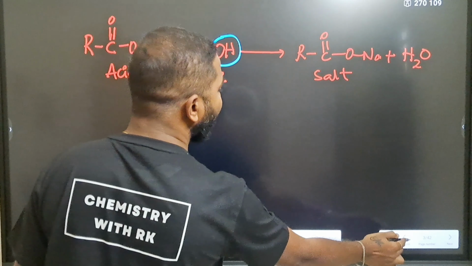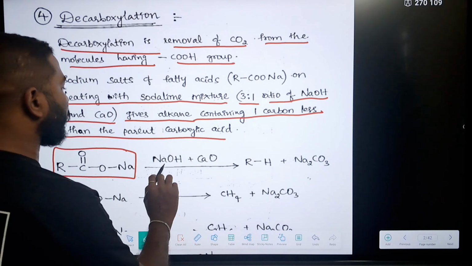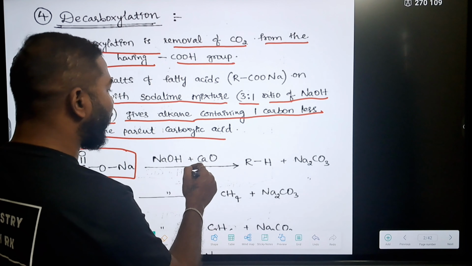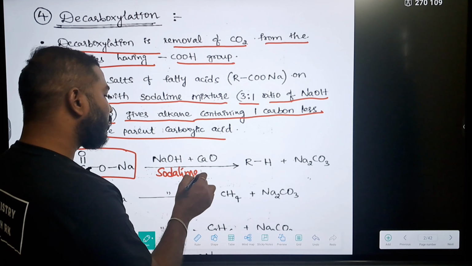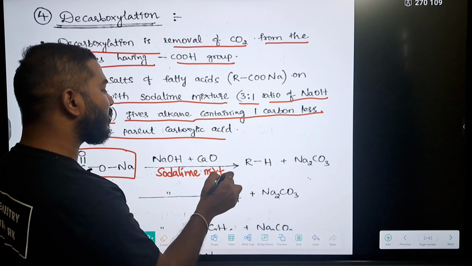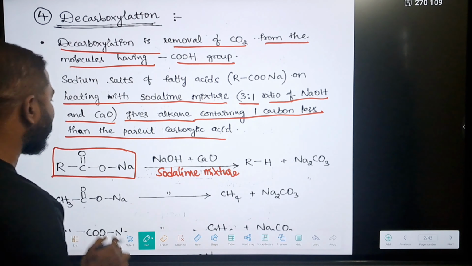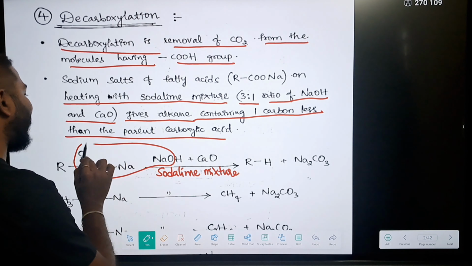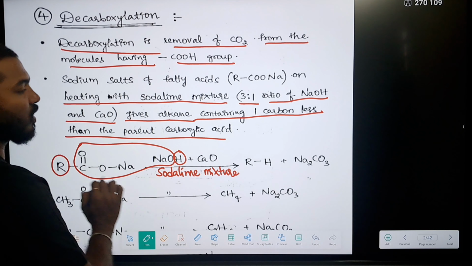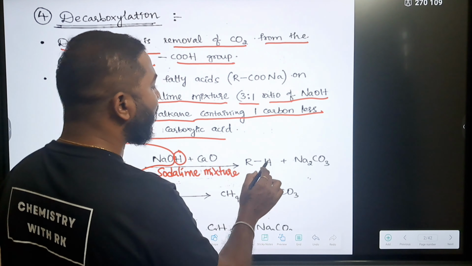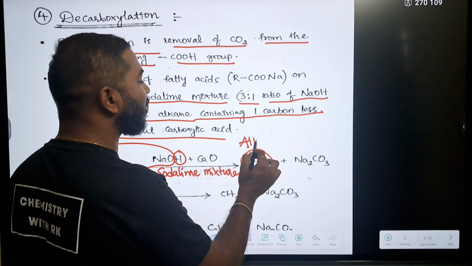Once we get this salt, we react it with sodium hydroxide and CaO, which is the soda lime mixture. On reacting with the soda lime mixture, CO2 goes out as Na2CO3 and this hydrogen combines with the R group, which is an alkyl group, to give us an alkane as the major product.